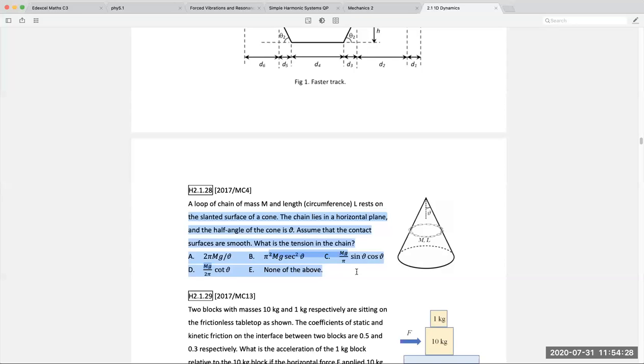So in this question, you need to use the skill. It's about cutting the wire into small parts. So let's do it in this top view. Okay? Top view. So let's draw 2 rings here.